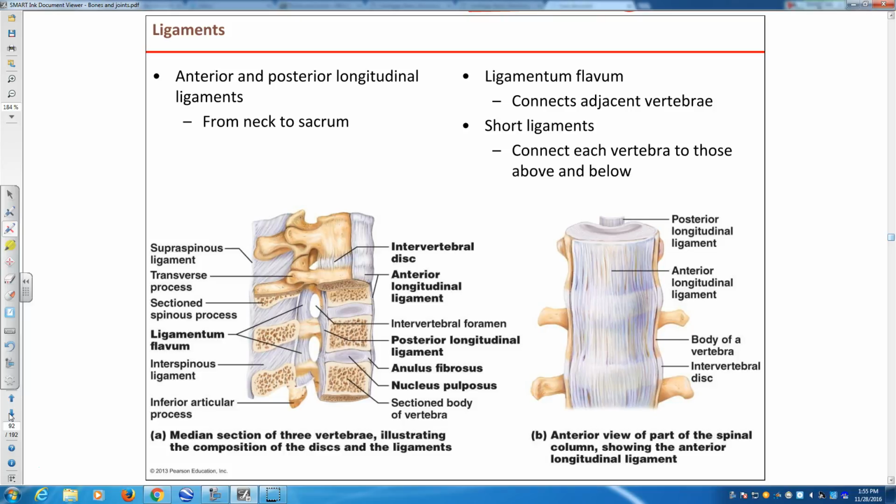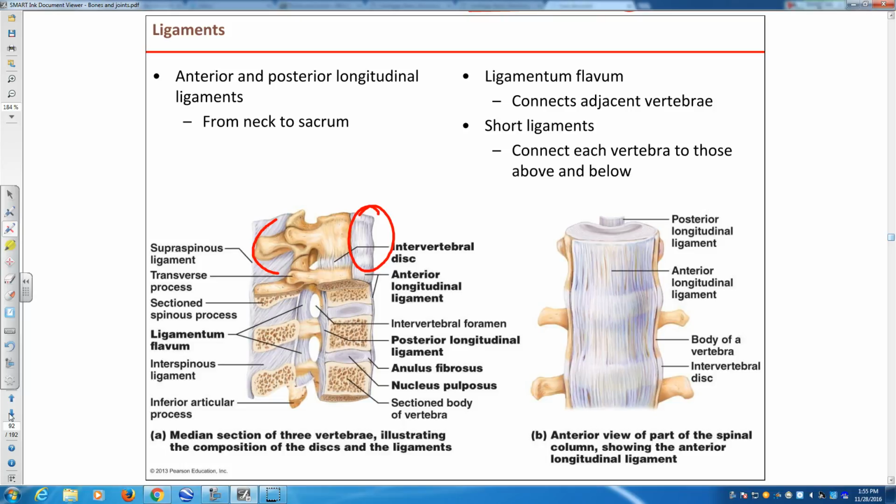The individual vertebrae are connected by ligaments. You have longitudinal ligaments, the anterior and posterior, that run all the way from neck to sacrum. And by the way, how can you tell the front and the back part of the vertebrae? The back is this prominent process. If you touch your vertebrae, you will feel them.